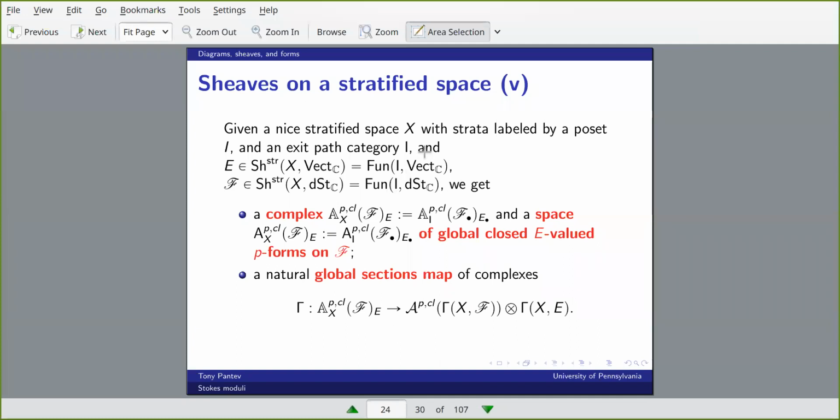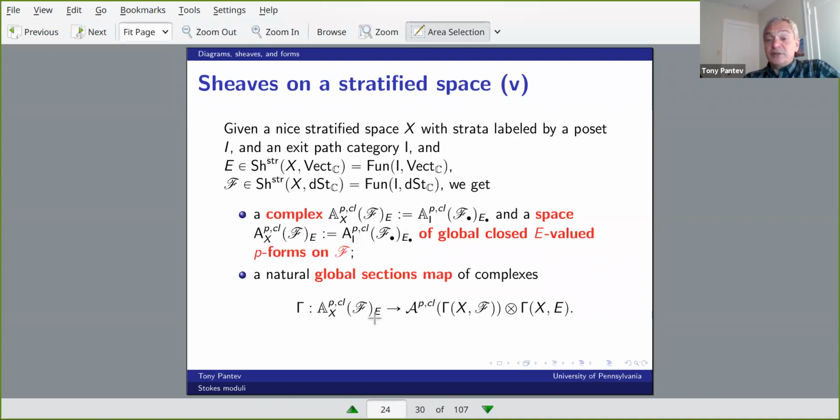So now if you have a nice stratified space and strata labeled by a finite poset, now choose a constructible sheaf of vector spaces and a constructible sheaf of stacks. So it's these diagrams. Then you can define the space of a complex of closed p-forms with values along the fibers along the stalks of the sheaf with values in E. And you can define global closed E-valued p-forms.